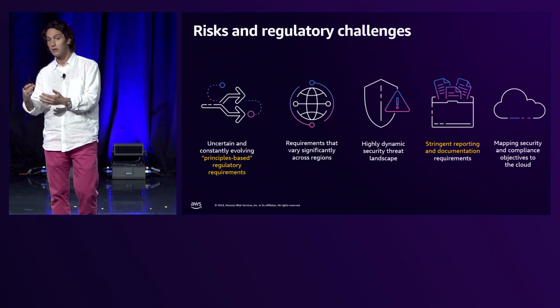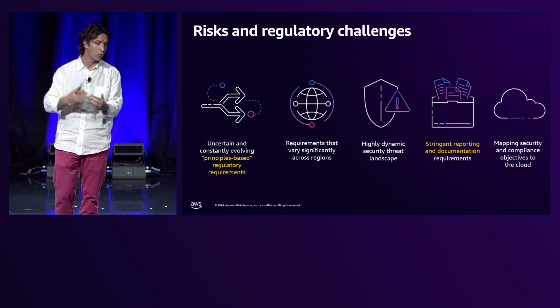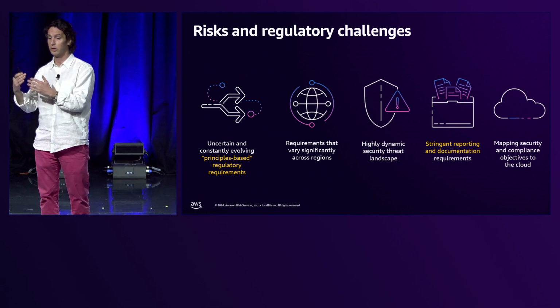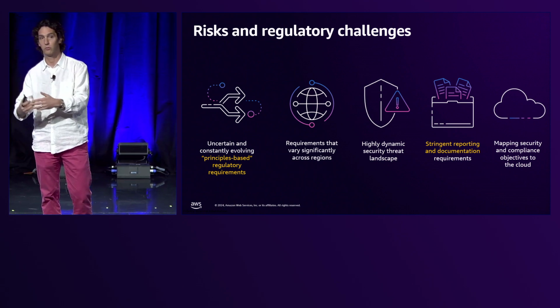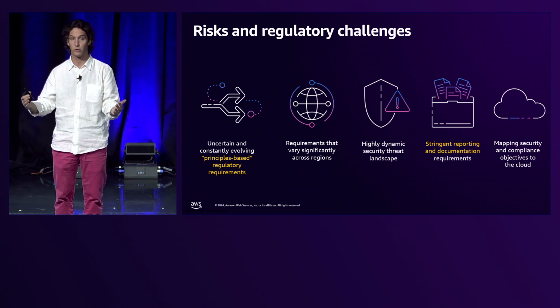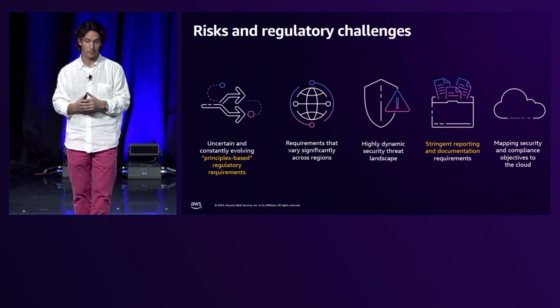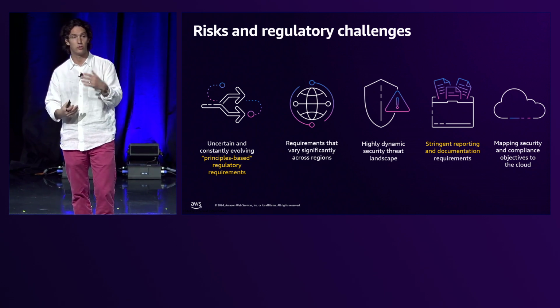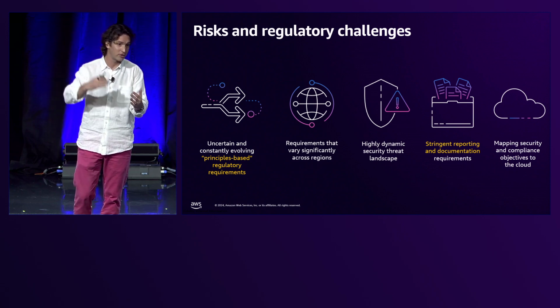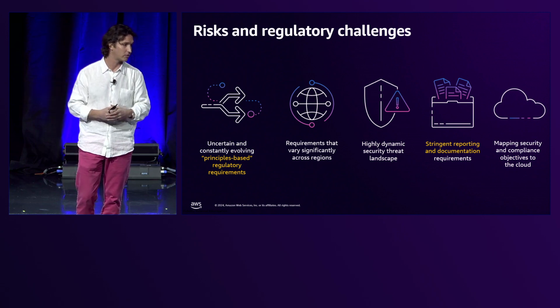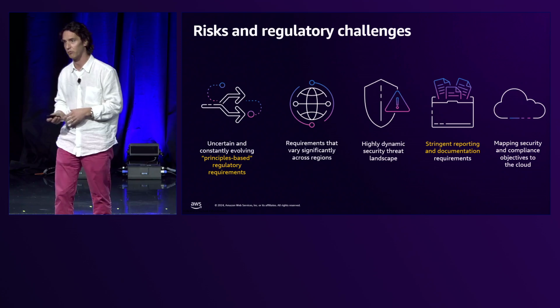Then in certain timeframes, in this case 4 to 24 hours, you need to be able to tell your regulators what the impact is and what you're doing about it, maybe even before you've actually resolved or mitigated the issue. And they need to know that you can do that not just after a problem happens, but you need to be able to evidence that you have those processes and controls in place beforehand.